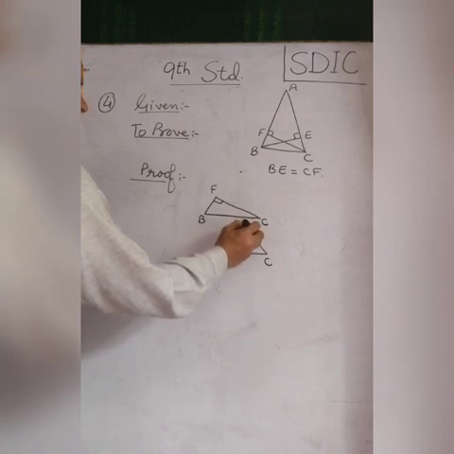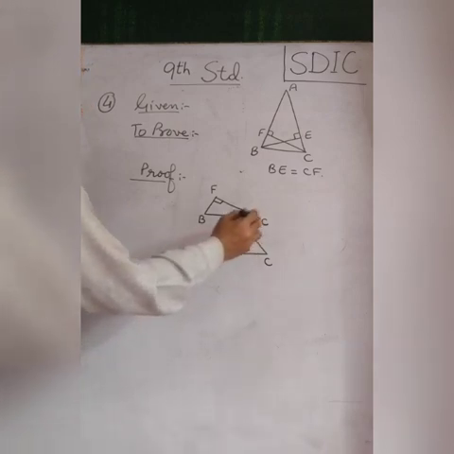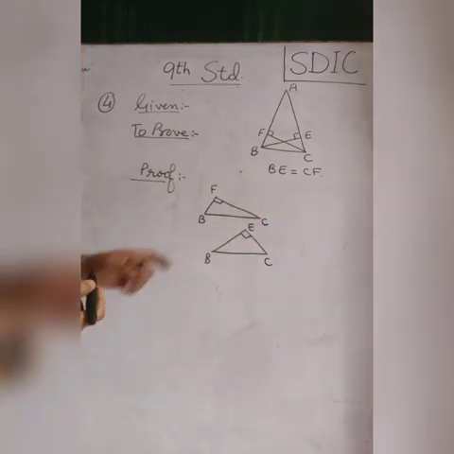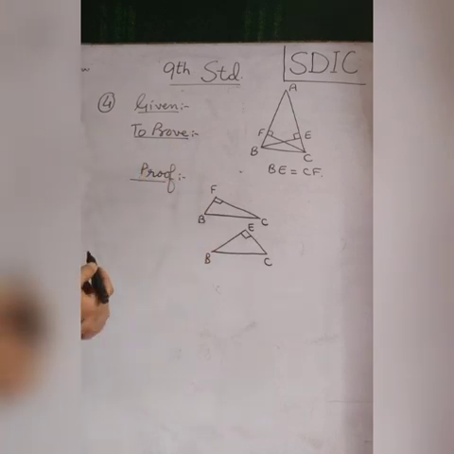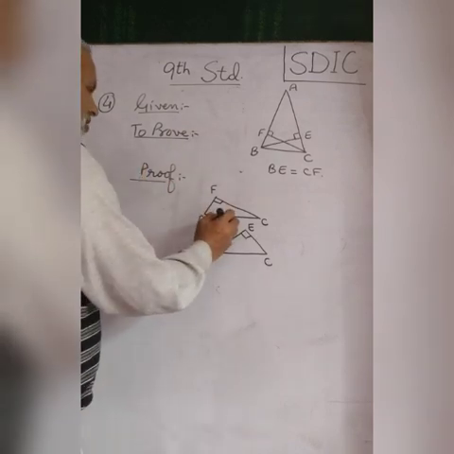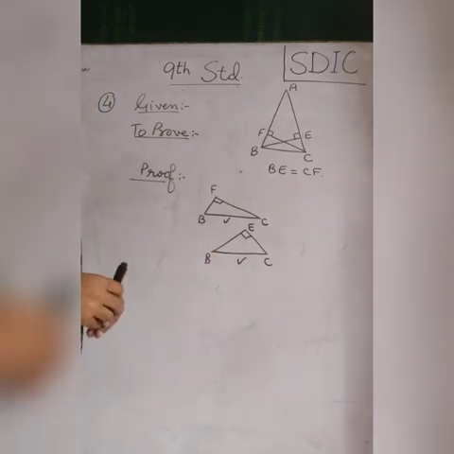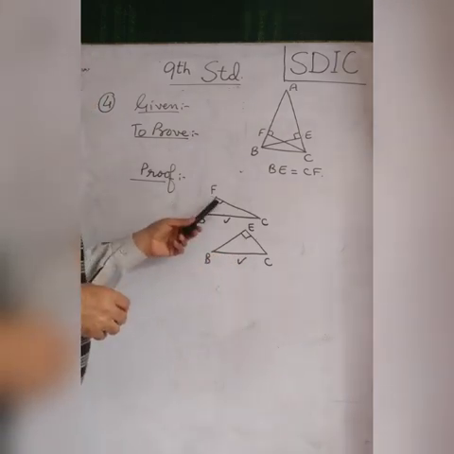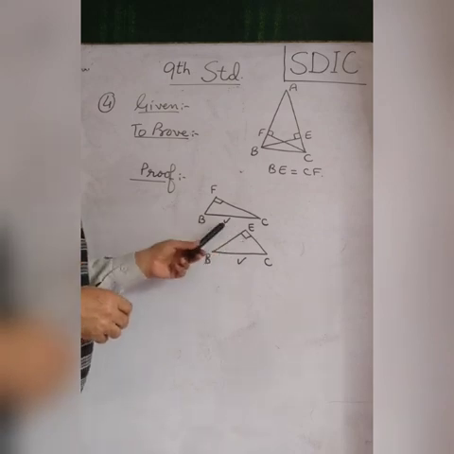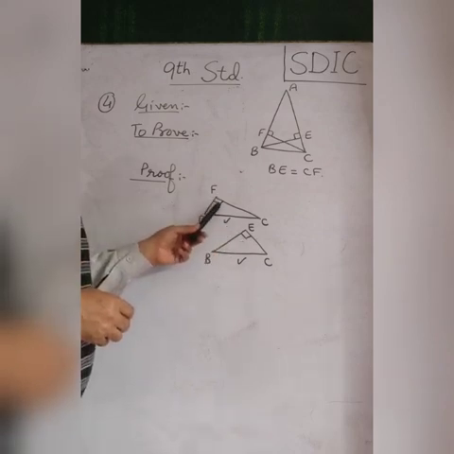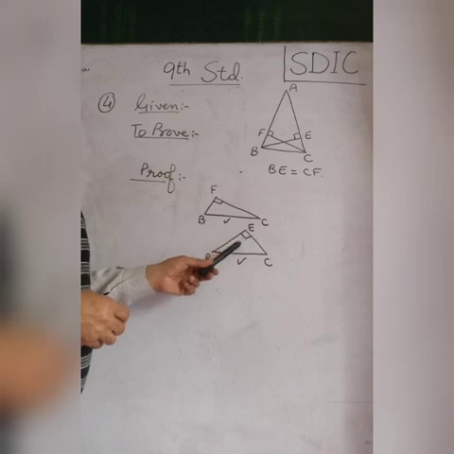This is a right angle at E. Both these triangles have one side common, that is BC. And this common side BC in both the triangles is the side opposite to the right angle, therefore it is the hypotenuse. So we have right angle and hypotenuse, right angle and hypotenuse.